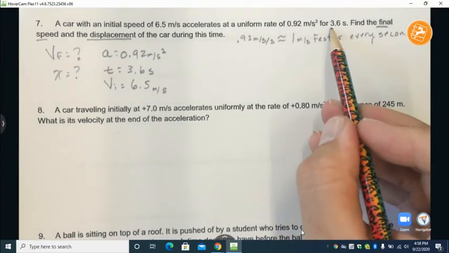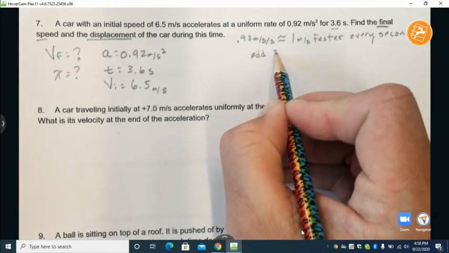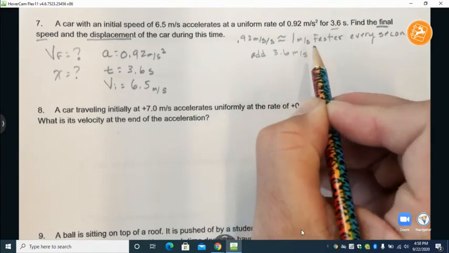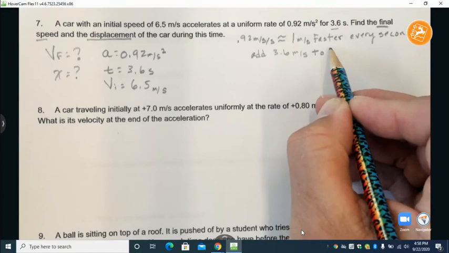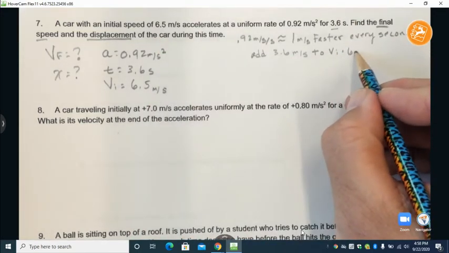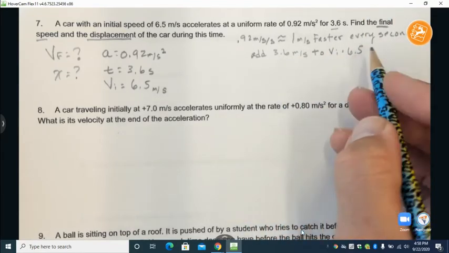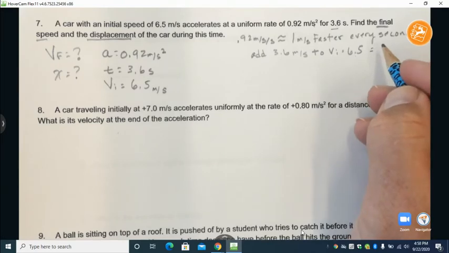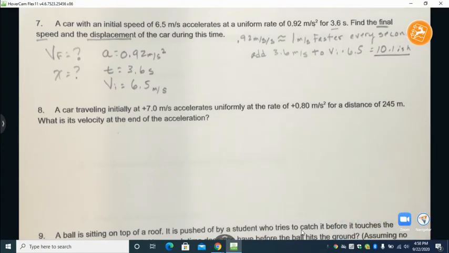So if it does that for 3.6 seconds, it's going to add 3.6 meters per second to the original speed. And the original speed was the initial velocity, which was 6.5. So 3.6 added to 6.5 gives me a velocity somewhere around 10.1-ish. So this is an estimation of the answer I should be getting, somewhere around 10.